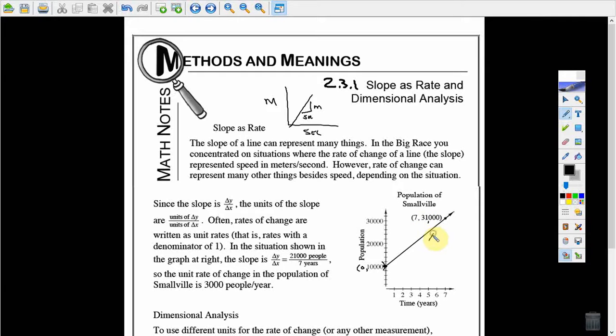So we take the delta y, the change in population over that time, which was the 21,000, over the delta x, the change in years, which was 7. 21,000 divided by 7 is 3,000, and our units were people per year.